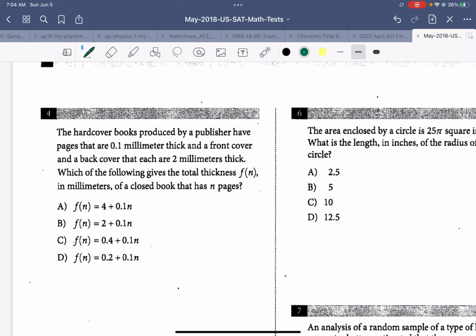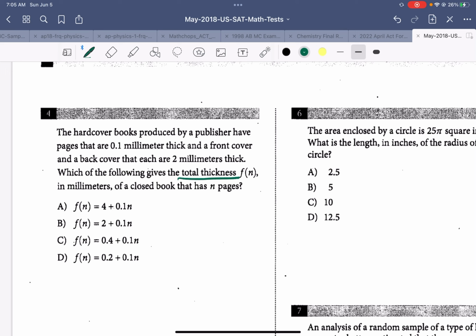Number 4. Hardcover books produced by a publisher have pages that are 0.1 millimeters thick. Front cover and back cover are each 2 millimeters thick. Which of the following gives the total thickness f of n in millimeters of a closed book that has n pages? So what is the total thickness?